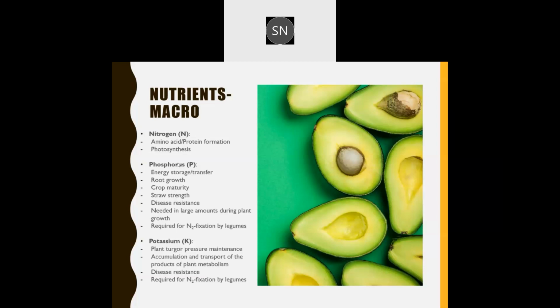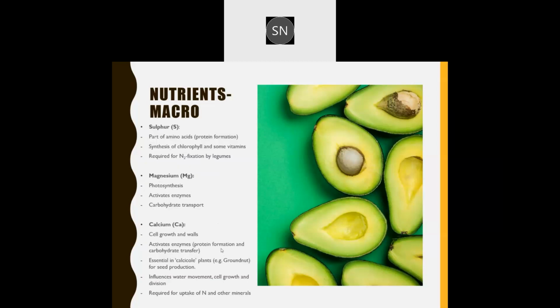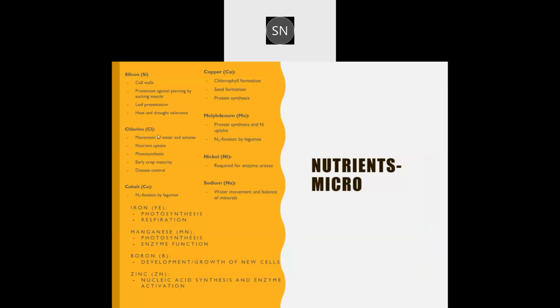Phosphorus is for root growth and also for fruit formation. Potassium is usually for root growth as well as disease resistance. And we have other functions of sulfur, magnesium, calcium, and these are micronutrients.